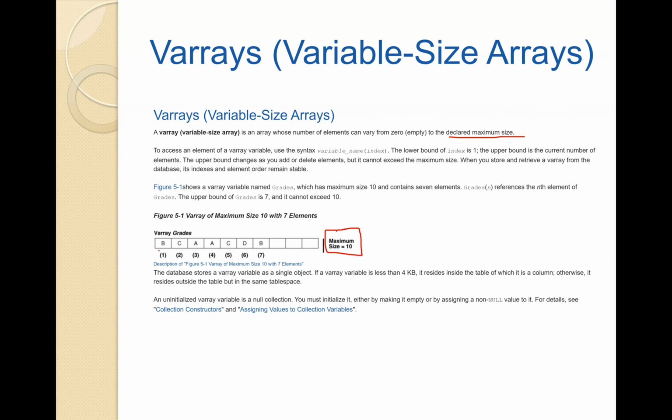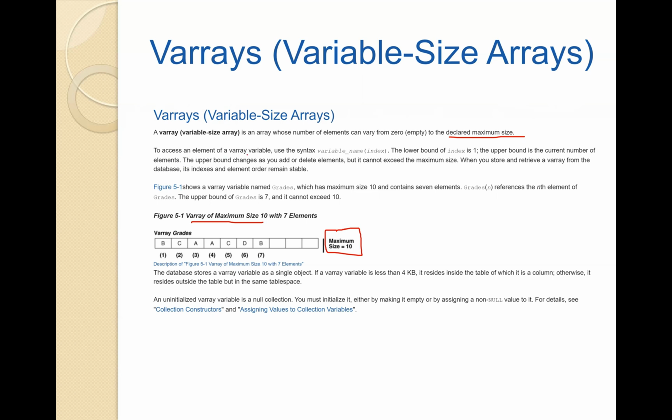Yes, we will define our own structure. It will start from 1, 2, 3, 4, 5, 6, 7. See here, they are just mentioning the grades, some value they are storing. These are called elements. So VArray of maximum size 10: 1, 2, 3, 4, 5, 6, 7, 8, 9, 10. They have already defined 10, but as of now, they have stored 7 values.